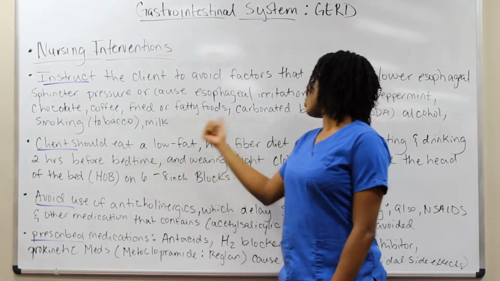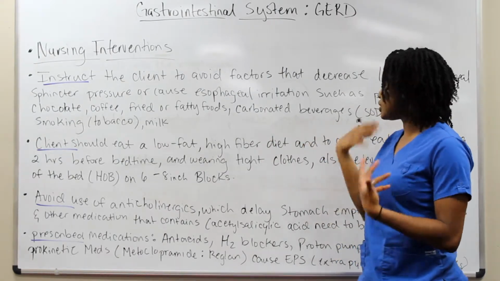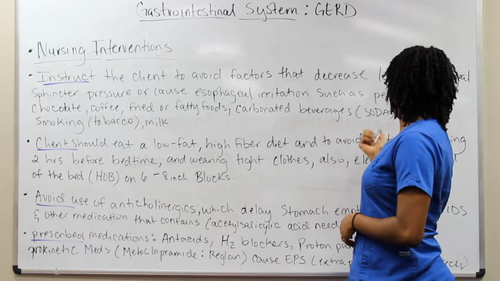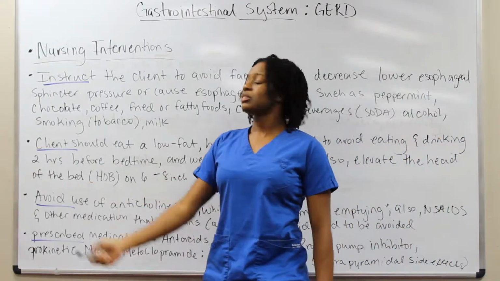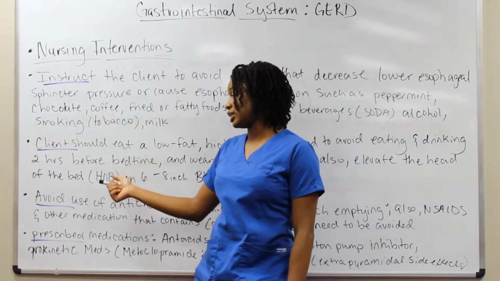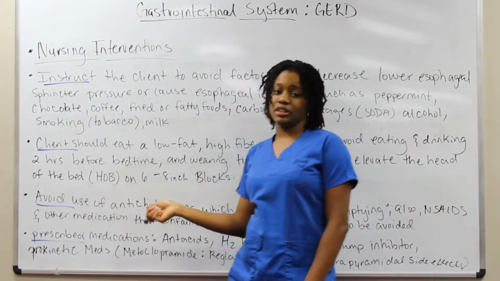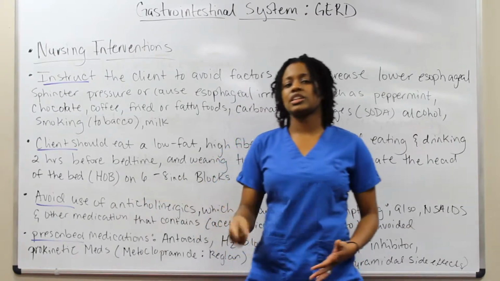All right. Also, wearing tight clothes is another thing. You don't want to be wearing tight clothes. You want to be wearing loose-fitted clothes, and you want to also elevate the head of the bed. So I put here an abbreviation, HOB. If you ever see me write down HOB, it's head of bed. Okay, and you will see that within the hospital setting as well.